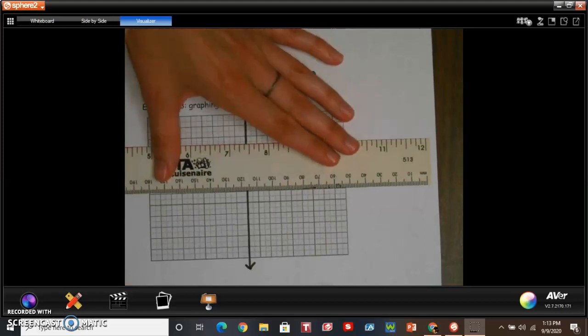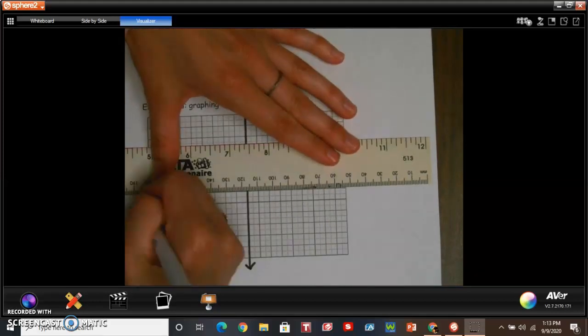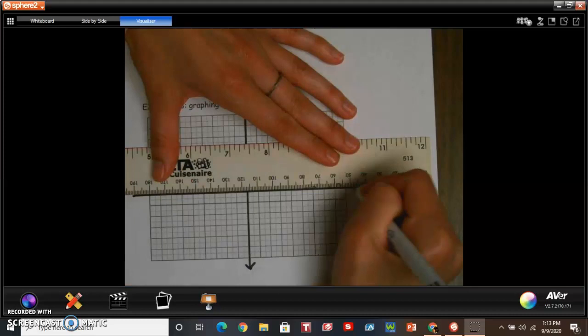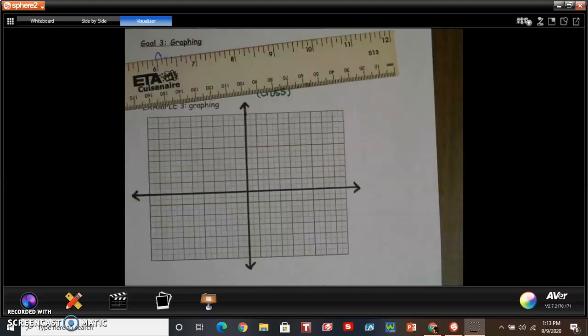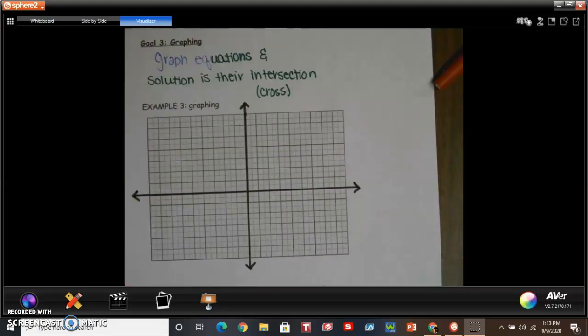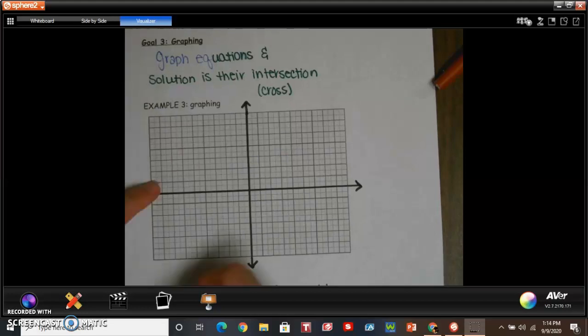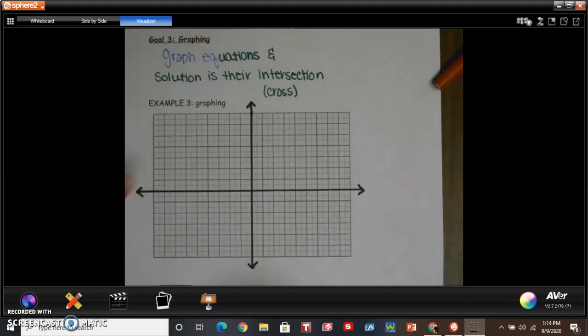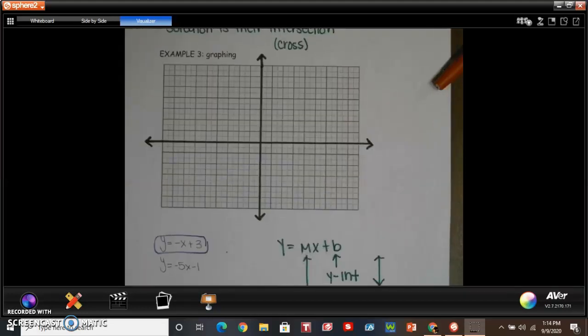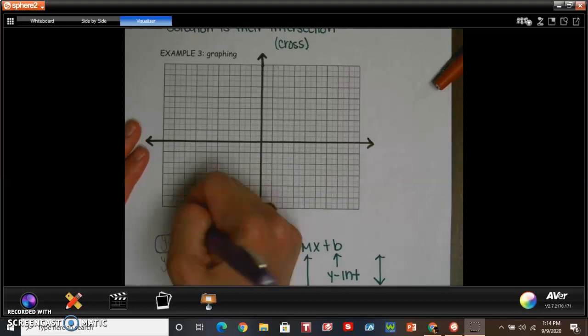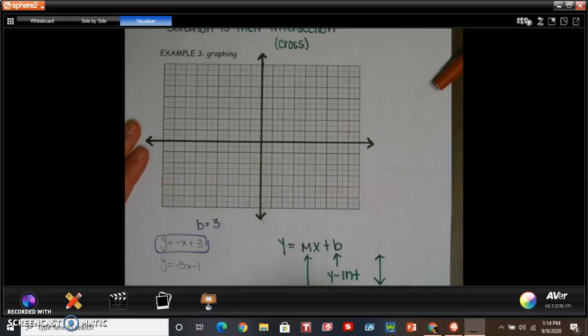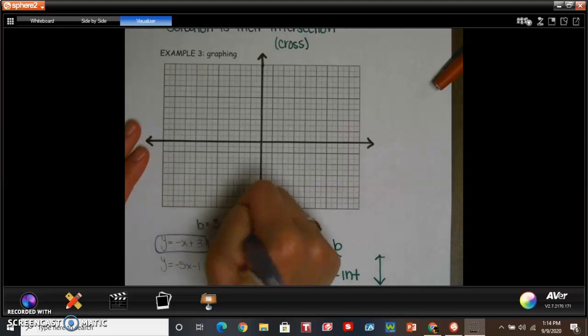All right, so here's our x and our y. For our first equation, our y-intercept is at 3, and our slope is negative 1.